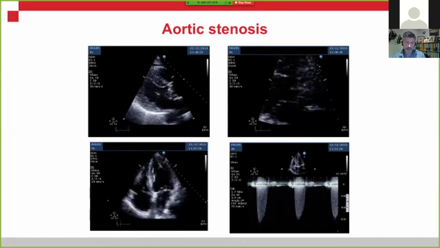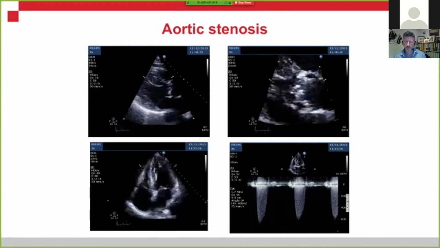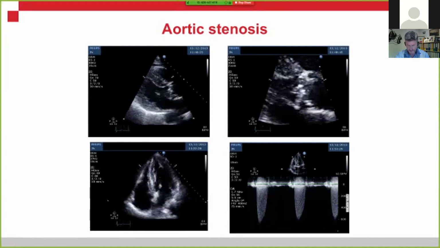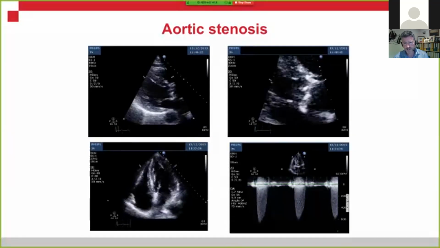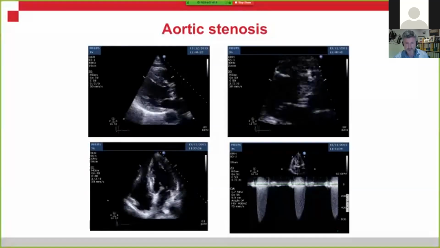The LV tends to hypertrophy, so you get significant LVH. And in the lower right-hand panel is the Doppler profile of the flow through the aortic valve, with significant increase in both gradient and velocity, consistent with severe aortic stenosis.